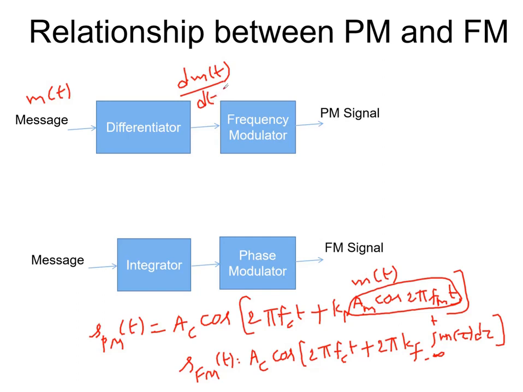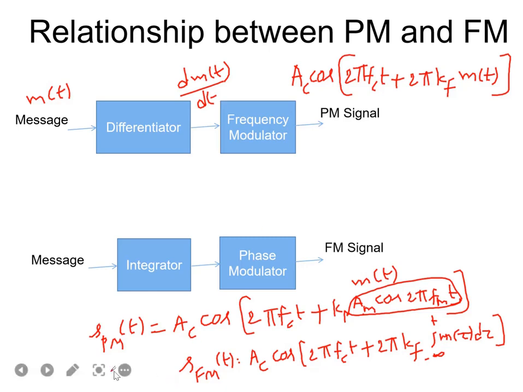Now if you pass it through a frequency modulator, you arrive at the equation Ac cos(2 pi fc t plus 2 pi kf times the integration of the derivative), which gives you m(t). If you compare with the standard PM equation, 2 pi times kf is equivalent to kp, the phase sensitivity, and this is a PM signal, because the integration of the derivative of the message becomes the message.